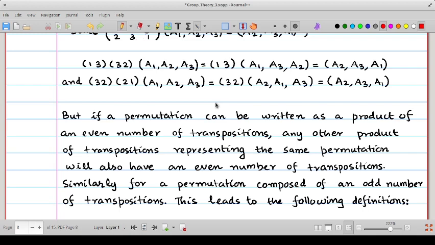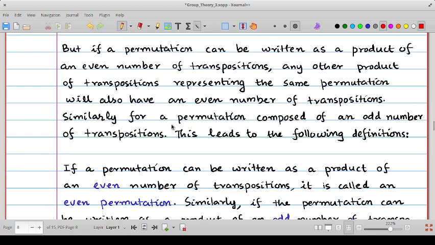But if a permutation can be written as a product of an even number of transpositions, in any other representation of the same permutation as a product of transpositions, that product will contain an even number of transpositions. And similarly, if a permutation can be composed of an odd number of transpositions, any other representation of that permutation as a product of transpositions will also involve an odd number of transpositions.